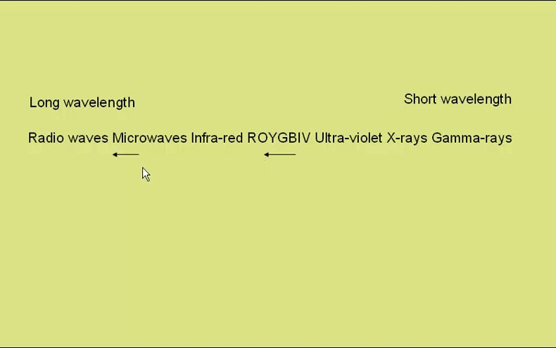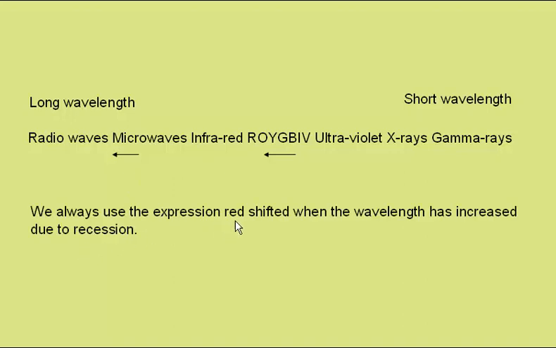But we'd also use the term for a microwave that would be this wavelength moving to a longer wavelength. In this case it's actually moved away from the red, but we still use the term redshift. So we always use the expression redshifted when the wavelength has increased due to recession, the source moving away.